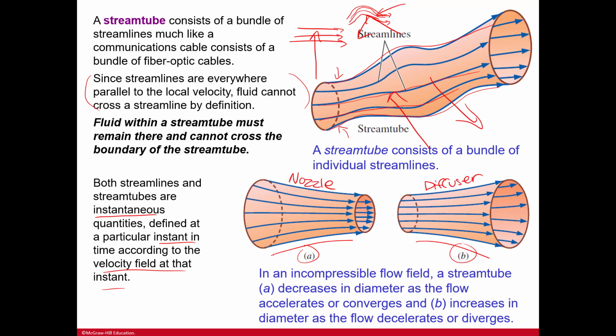And so this, the acceleration increases, and then here the acceleration or velocity decreases. In an incompressible flow field, a stream tube A decreases in diameter as the flow accelerates, right? Or converges. And B increases in diameter as the flow decelerates or diverges.